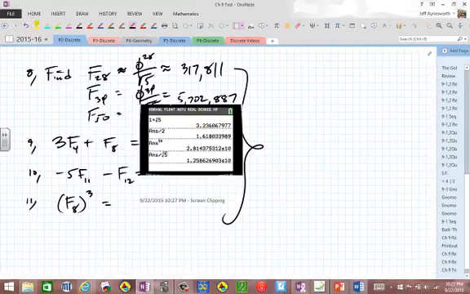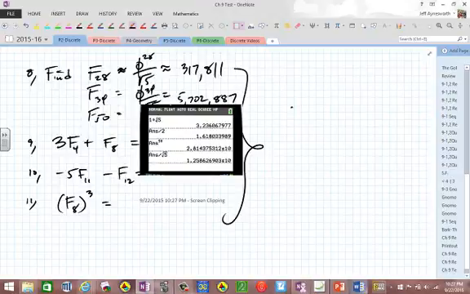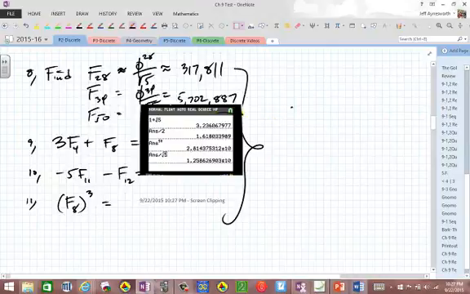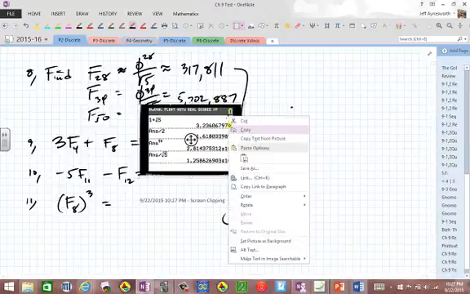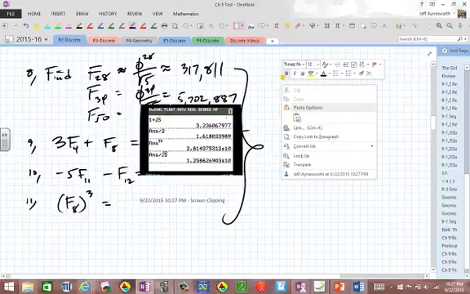I need a mouse. Come on, my pointer here.